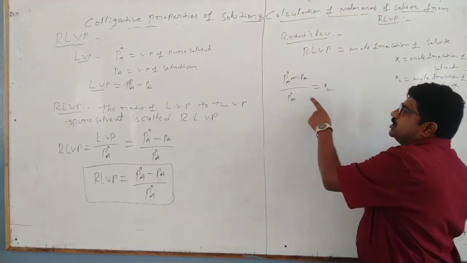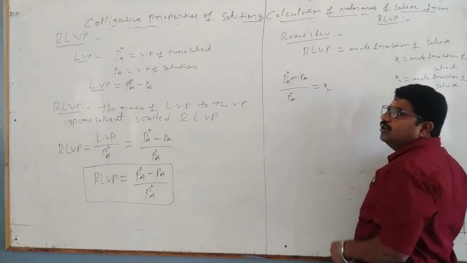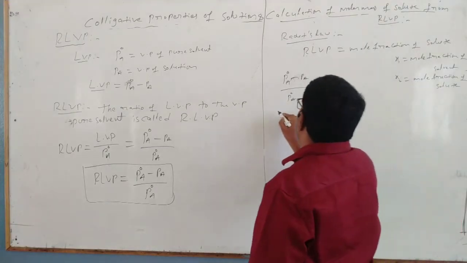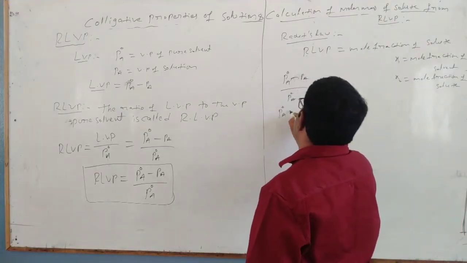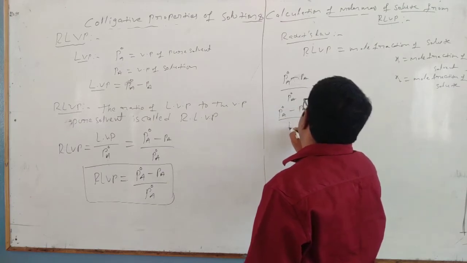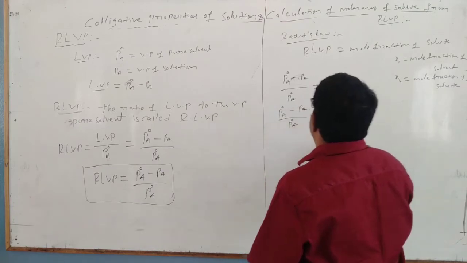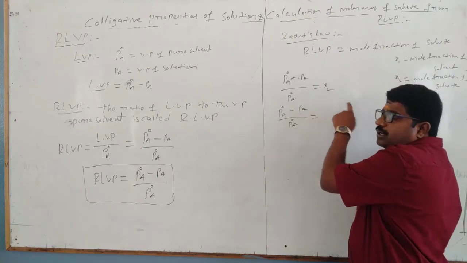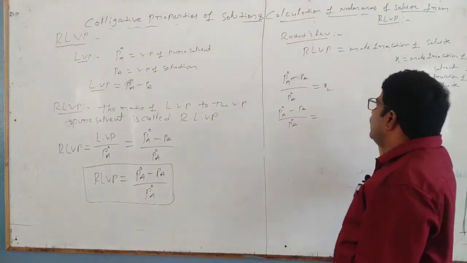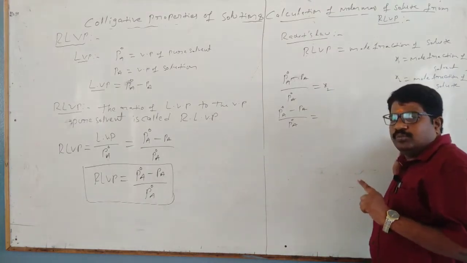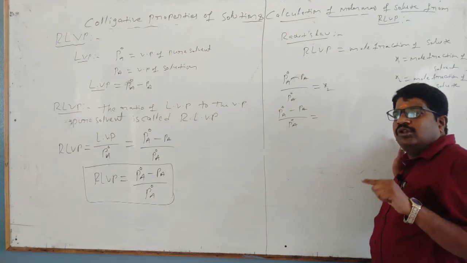So RLVP is equal to the mole fraction of solute. How to calculate the mole fraction of solute? That is number of moles of solute by number of moles of solute plus solvent.